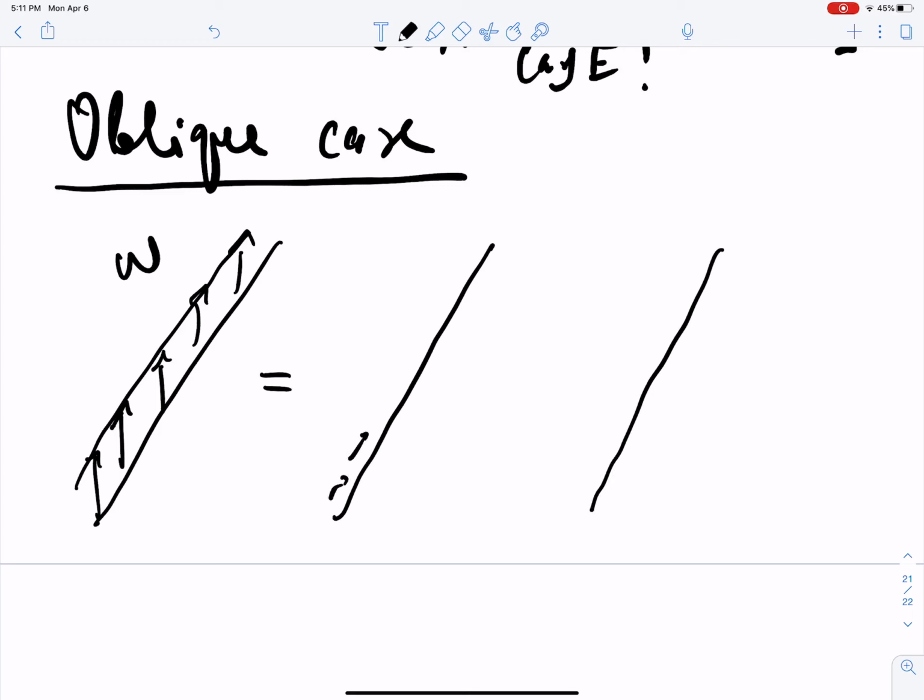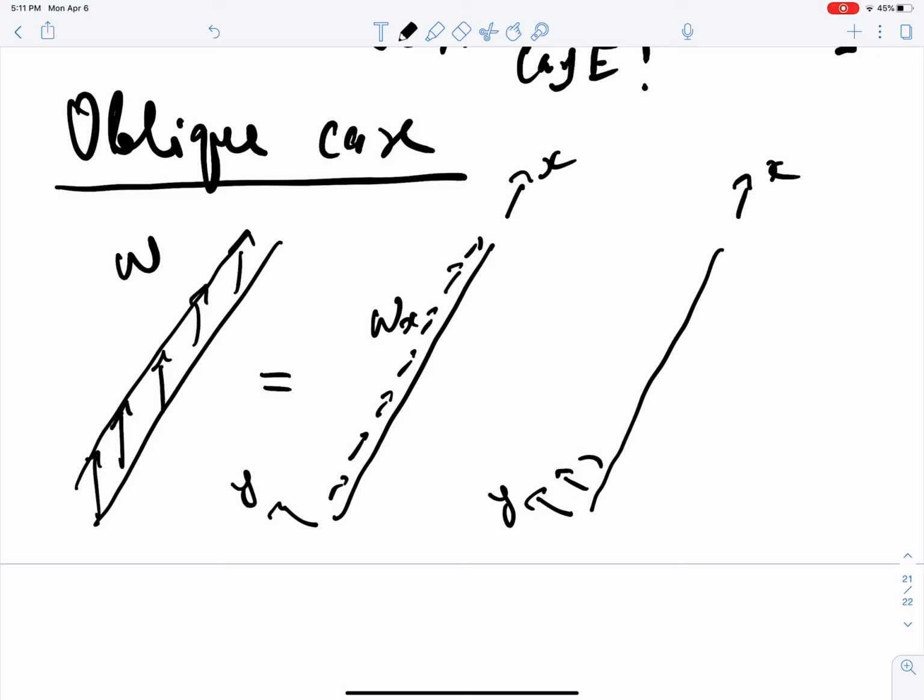The part of W that's acting in the x direction, W sub x, in a local coordinate system, x, this is y. And then a part of W that's acting in the y direction. I'm going to call it W sub y.